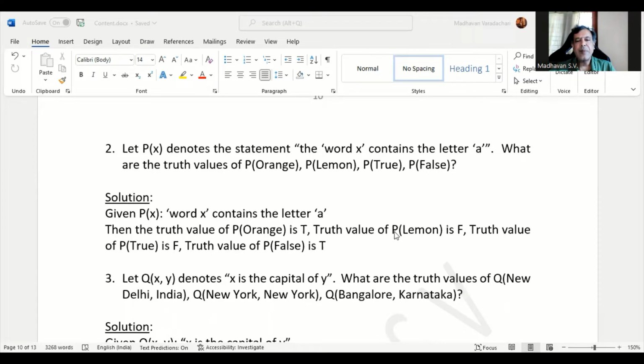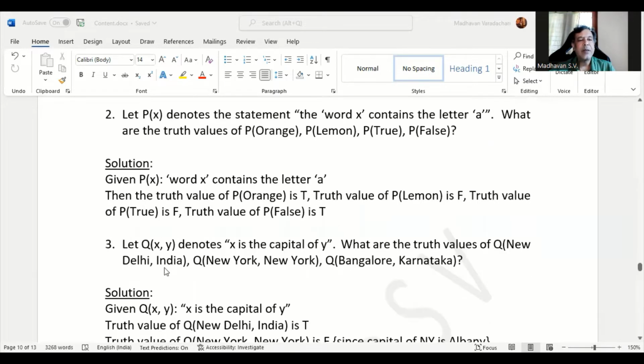Whereas truth value of p of lemon is false because it doesn't have the letter A. Truth value of p of true is false because it doesn't have the letter A. Whereas truth value of p of false is true, because it has got letter A in it.